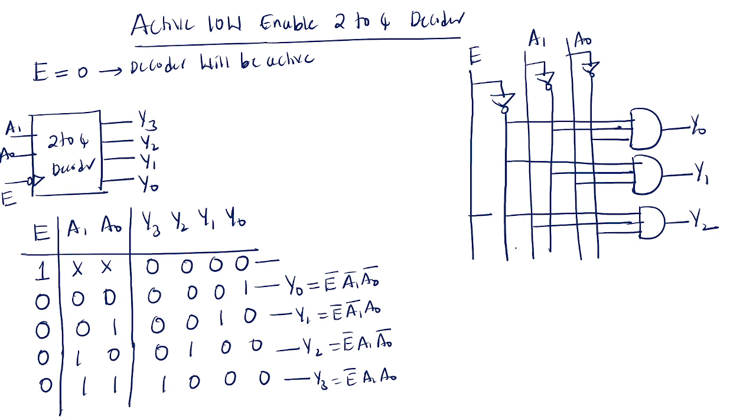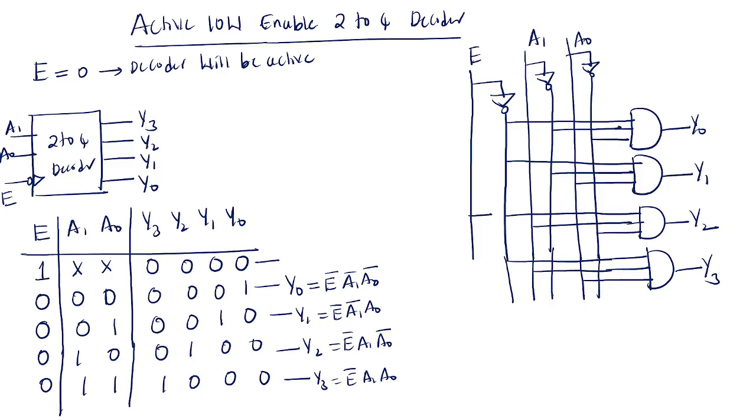For Y2, E bar, A1 and A0 bar are connected with an AND gate. For Y3, E bar, A1 and A0 are connected with an AND gate. This is the active low enable 2 to 4 decoder.